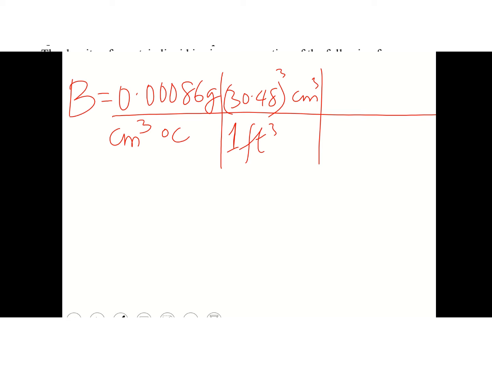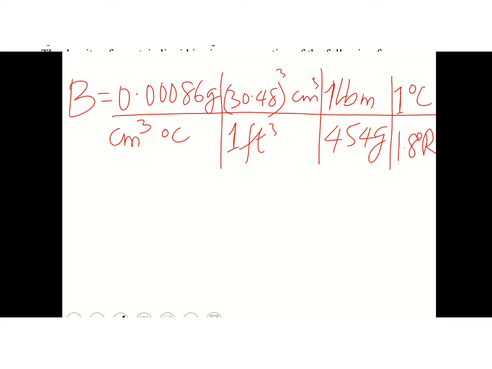Then for pound mass, 1 pound mass will be equal to 454 gram. And the next: 1 degree C equals 1.8 degree R.